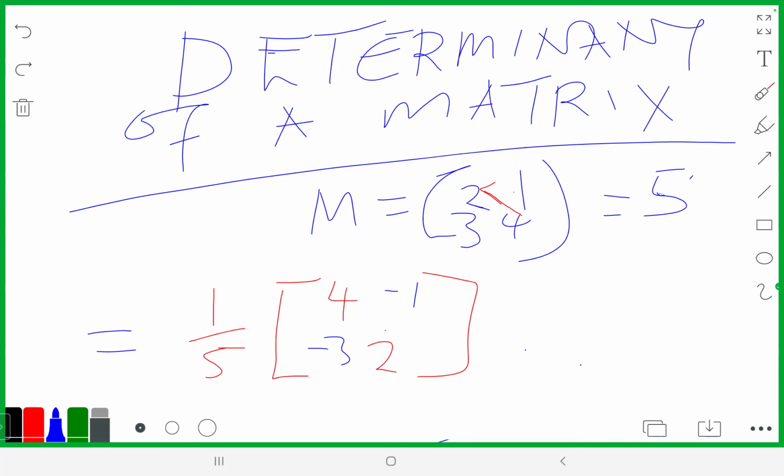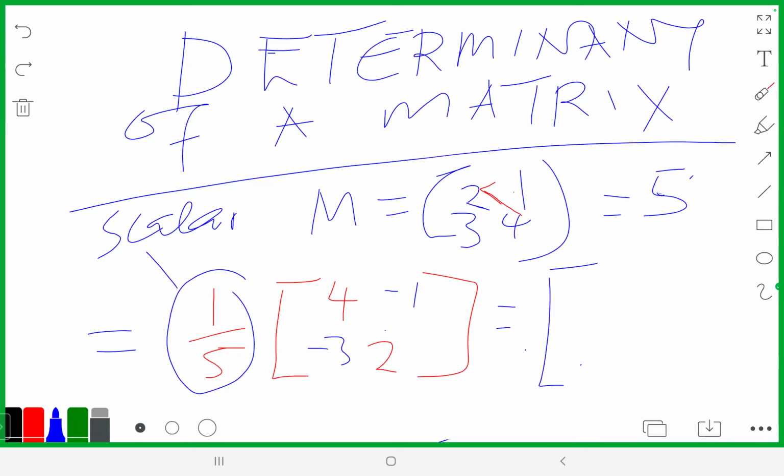It is clear. Okay, so from here you start multiplying. This number here, we call it a scalar. You start multiplying the scalar by all the entries in the matrix. Let me write so that you're not lost. 1 over 5 times 4, 1 over 5 times negative 1, 1 over 5 times negative 3, 1 over 5 times 2.